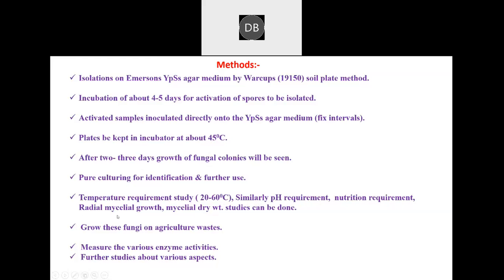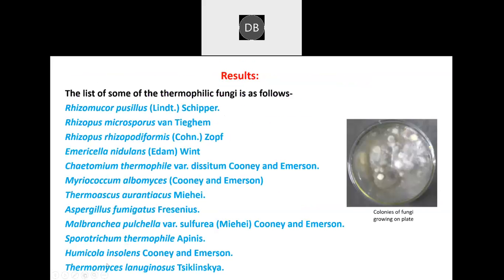Then in further experiments, temperature requirement studies, similarly pH requirements, nutrition requirements, radial mycelial growth, and mycelial dry weight studies can be done. Then these fungi can be grown on agricultural waste to degrade it at faster rates. And while degrading, we can study their enzyme activities, and further experiments can be done with these fungi.